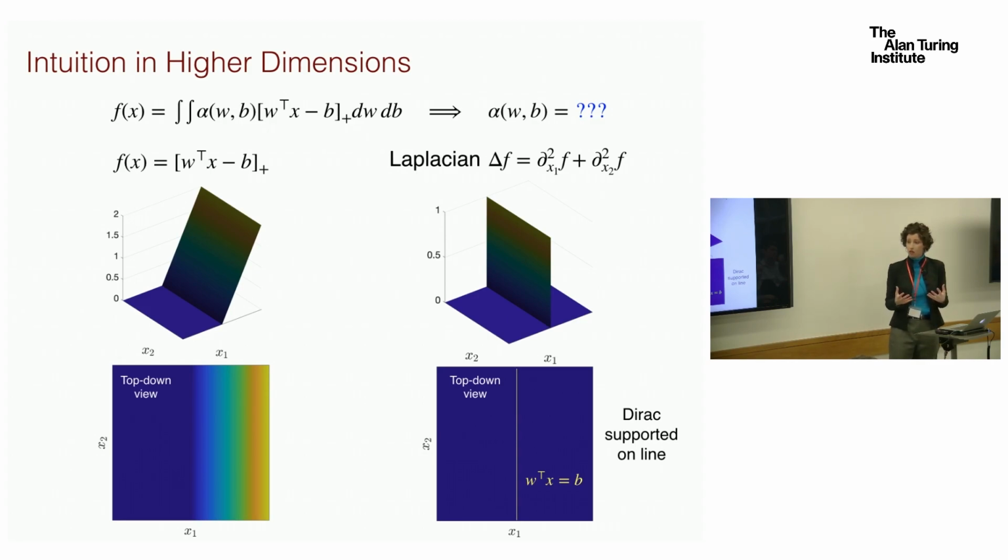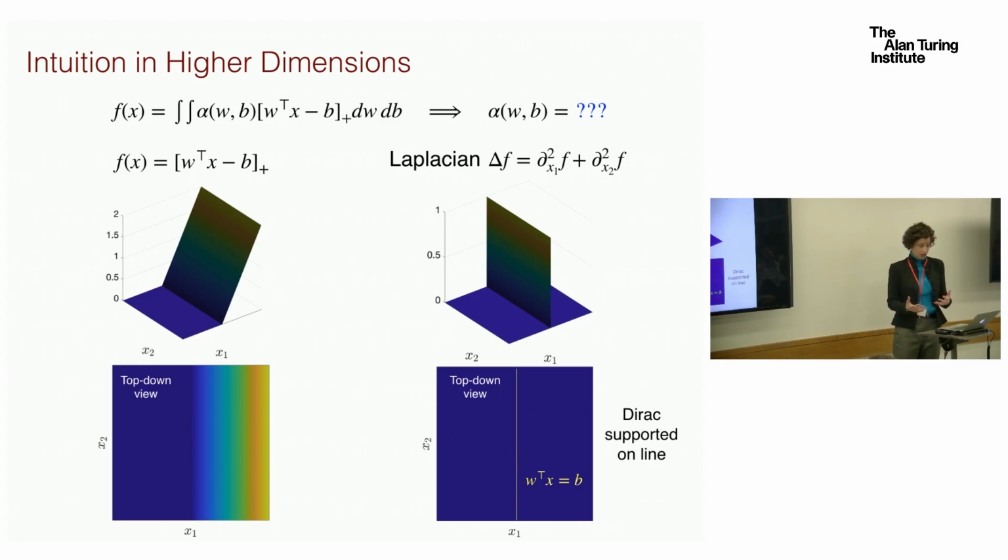And what we want to do now is figure out which alpha makes this equation hold with equality. Because if we know what that measure alpha is, well, we know our regularizer is just the L1 norm of that alpha. So figuring out what alpha is going to tell us what the regularizer is.